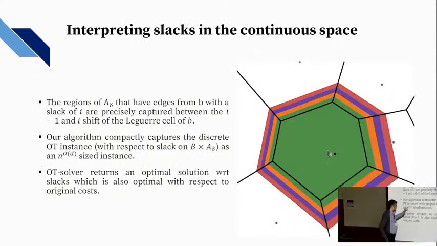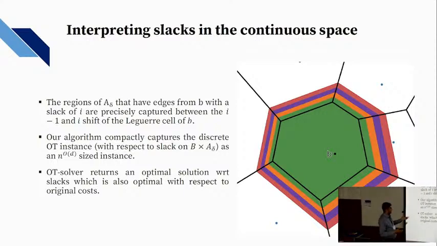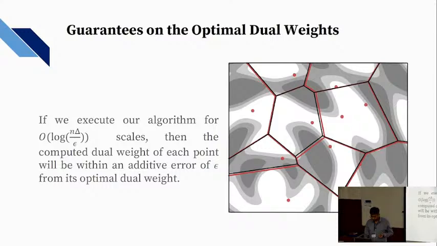And like I said, the optimal solution with respect to the slack is also the optimal solution with respect to the original cost. So what we get is the optimal solution with respect to the original cost, like we desired.